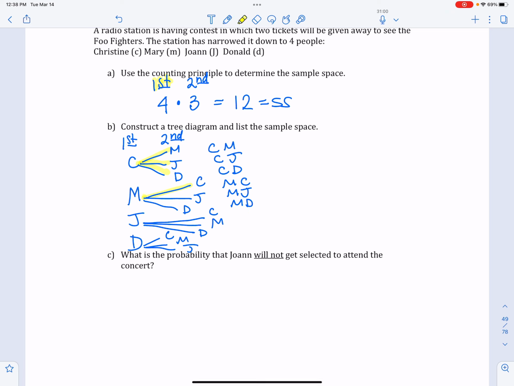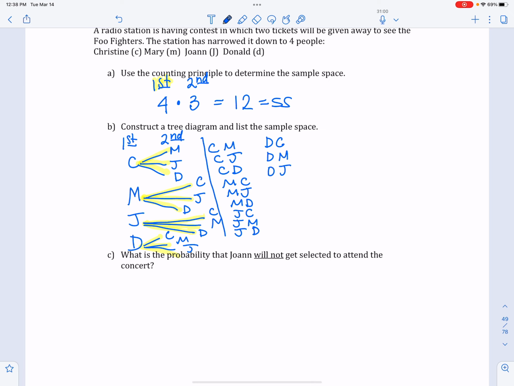So once again, all I did was follow the lines on the tree diagram. So my next possibility would be Joanne then Christine, Joanne then Mary, and then Joanne then Donald. So once again, I just followed these lines across, and finally the ones with Donald are going to be Donald Christine, Donald Mary, Donald Joanne.